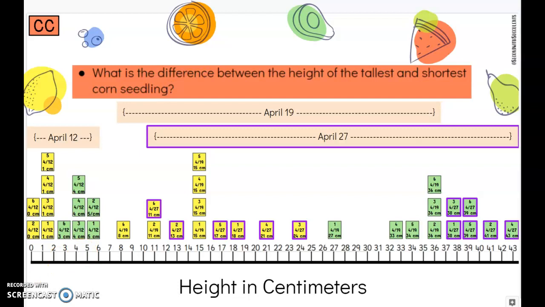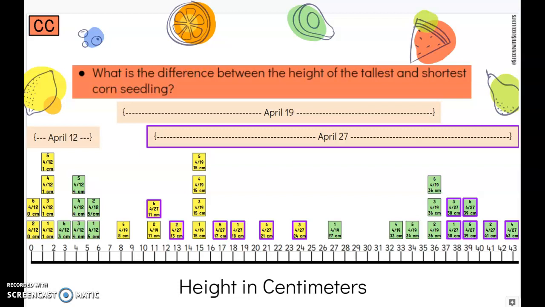Let's think back to the difference in height. What's the difference in height between the tallest and the shortest corn seedling? Think just about your corn outlined in purple. What's the height difference? Show a connection if you're thinking 13 centimeters.